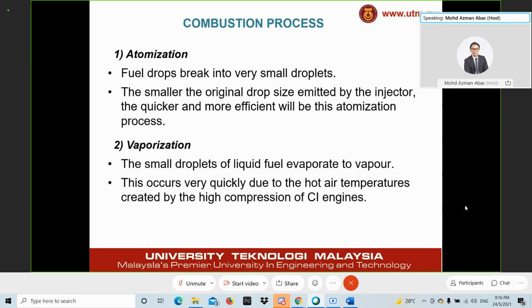And in the case where the temperature doesn't reach a certain value, the vaporization will fail.